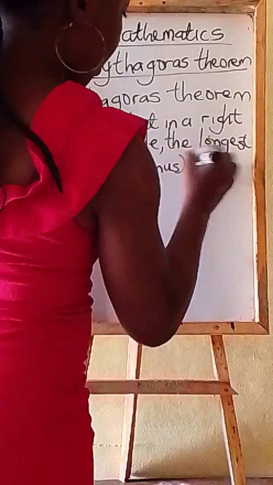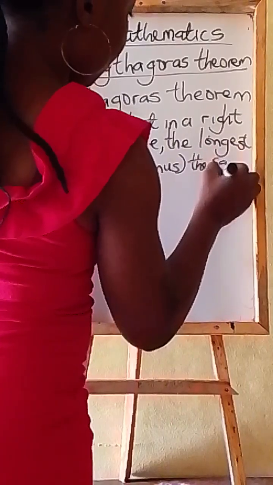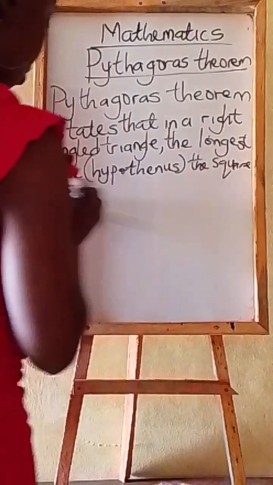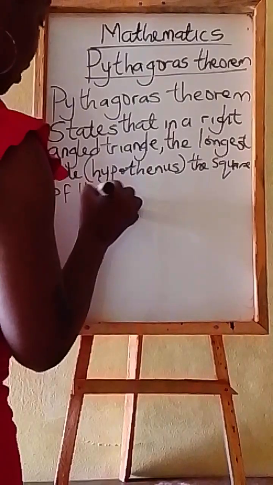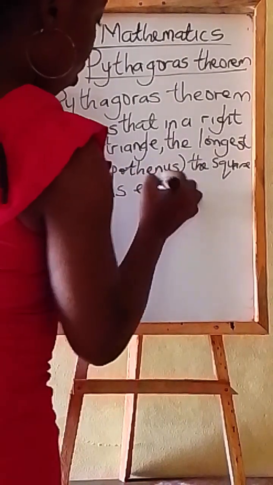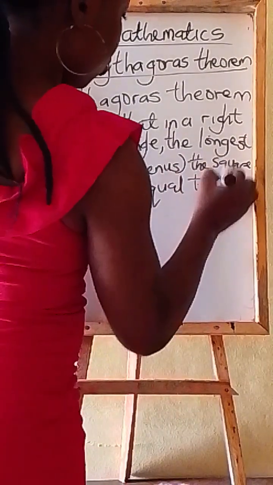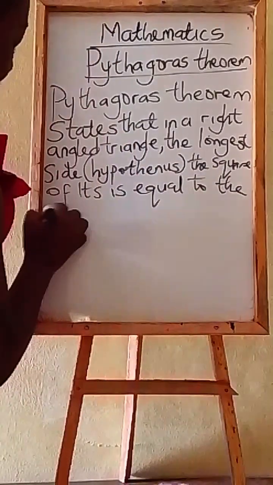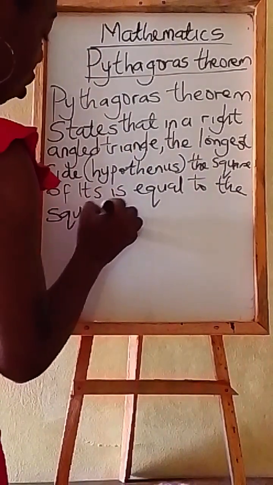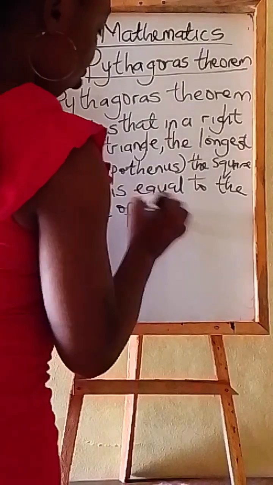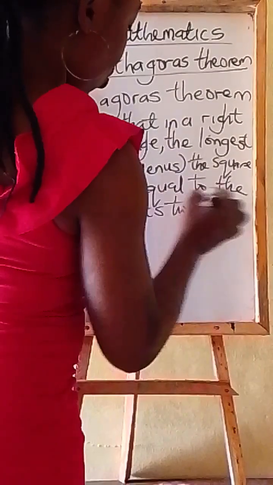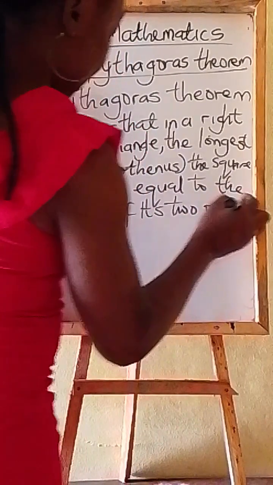The square of it is equal to the square of its two other sides.